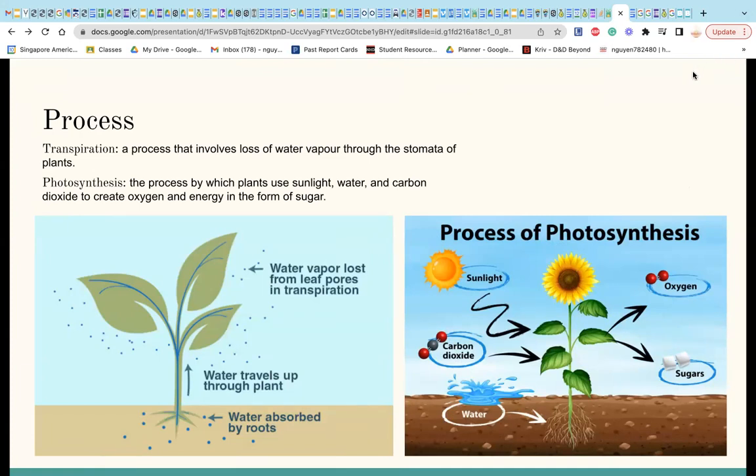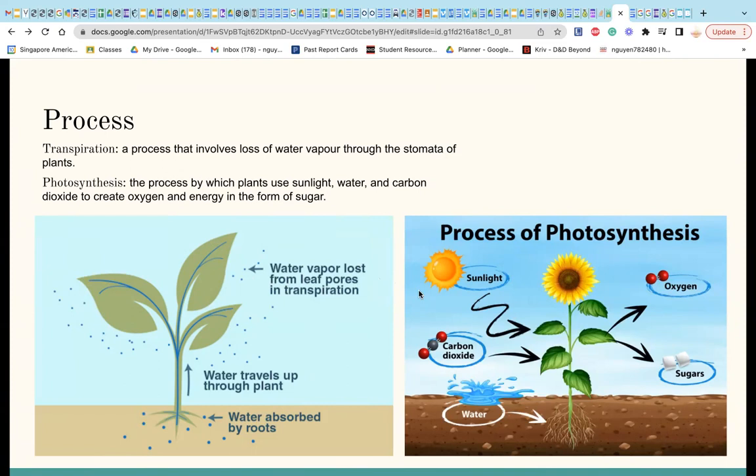Seems not. Okay. Before I get to the other questions, I'll get through the slideshow first. So we have the processes concerning plants and trees. First we have transpiration, which is a process that involves the loss of water vapor through the stomata of the plants. The stomata are small holes underneath the leaves, and that's where the water comes out and is lost.